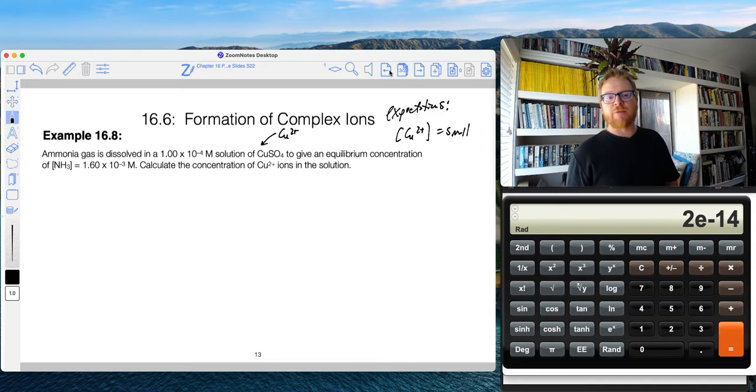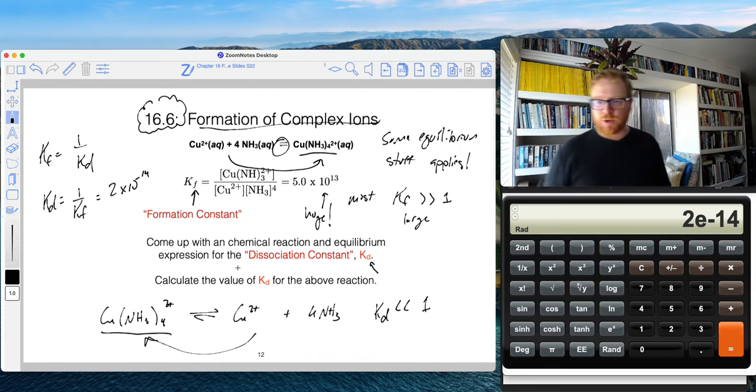The reason is, if I back up, this is the same example we're talking about here. We know the Kf for the tetramine copper 2 ion is large. Consequently, its Kd is small. So we're going to expect that our free copper concentration is going to be small. You should always work out these expectations when we have these complicated problems.